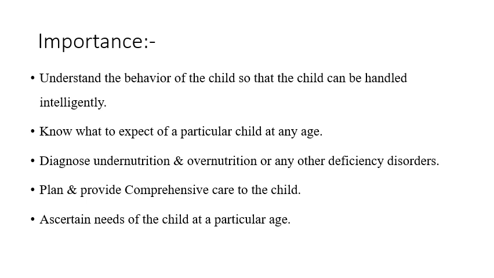Now, what is the importance? Why do we have to learn the development of the child? First, we need to understand the behavior of the child. If we understand the behavior, skills and development of the child, we can handle the child accordingly. Next is what to expect at a particular age. We can expect by 2 years, by 3 years, what kind of growth and development should be attained by the child.